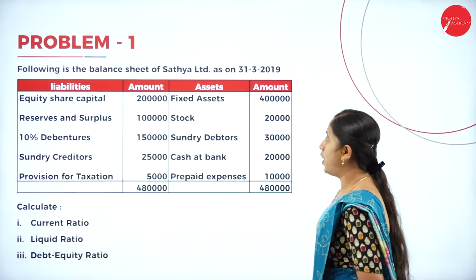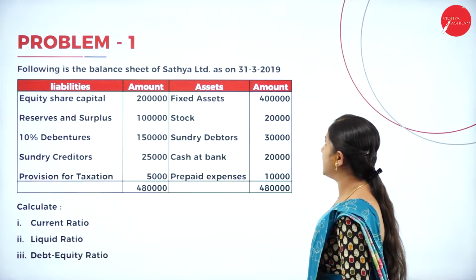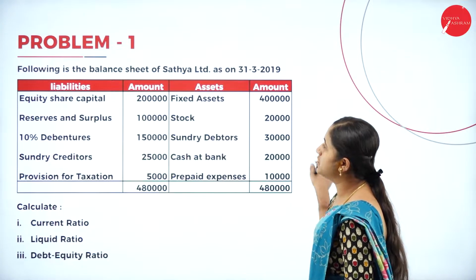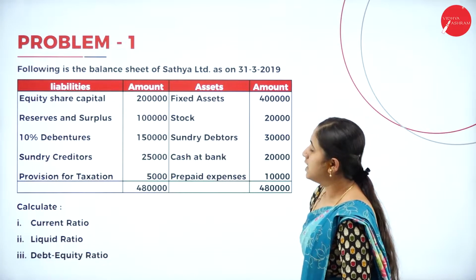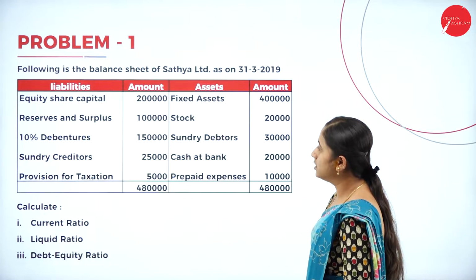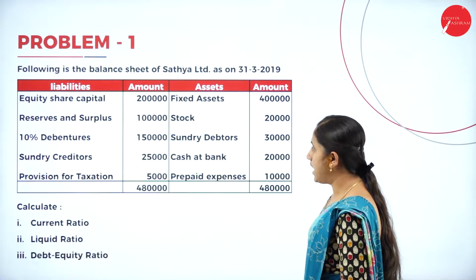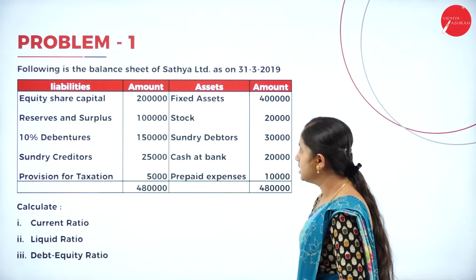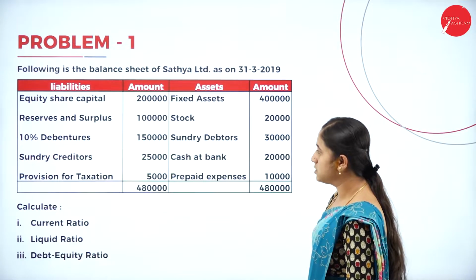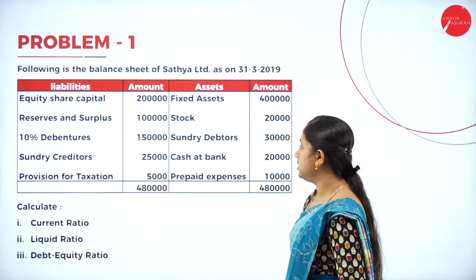First problem: following is the balance sheet of Satya Limited as on 31st March 2019. Under liabilities, we have equity share capital 2 lakh, reserves and surplus 1 lakh, 10% debentures 1,50,000, sundry creditors 25,000, provision for taxation 5,000.